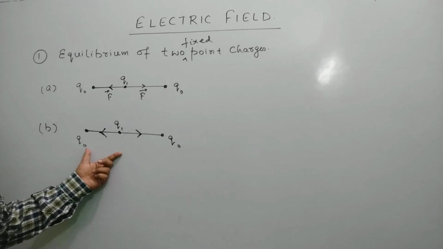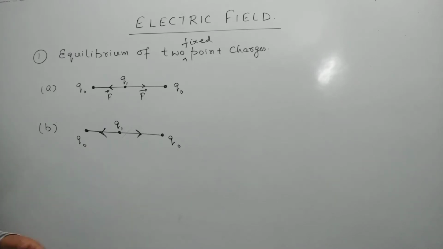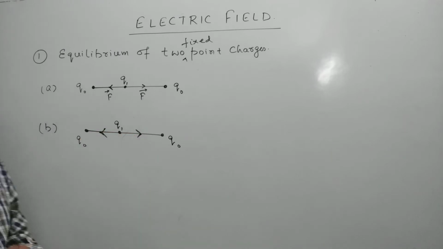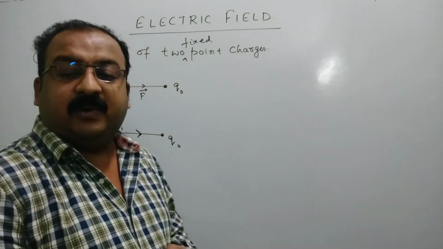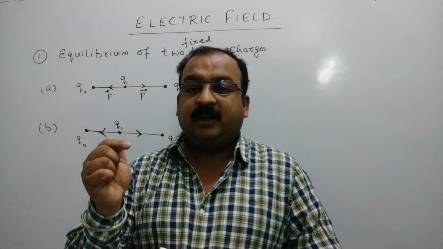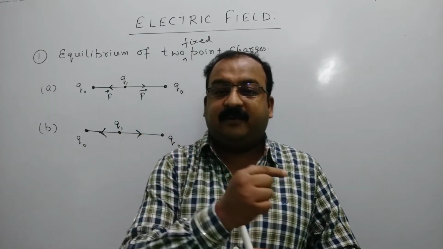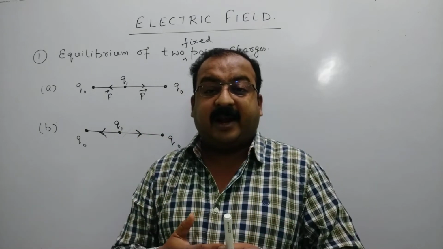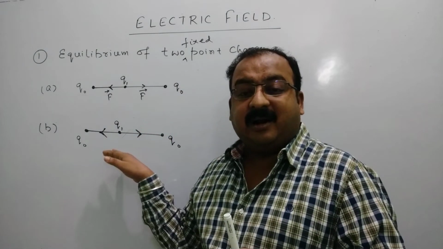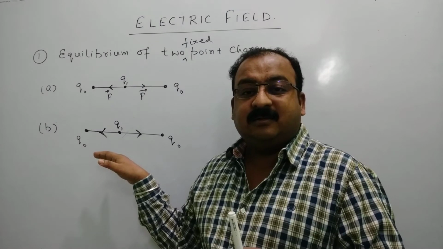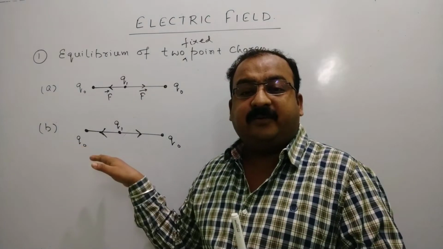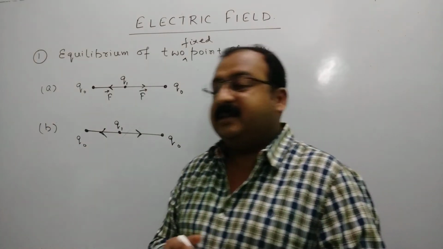In each situation, the force is acting in opposite direction, but the forces are not equal. One force is acting toward left, the other is towards right, and they are not equal in magnitude because the distances are different. Their directions are opposite, but their magnitudes are not equal. So what will happen in this case?